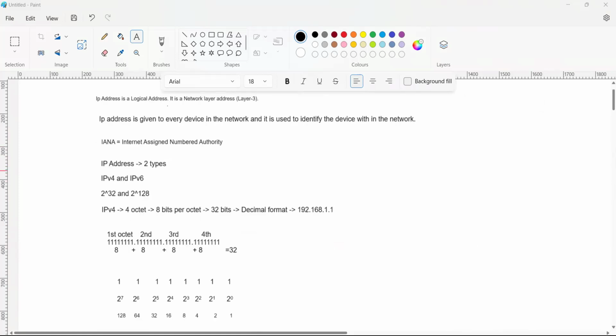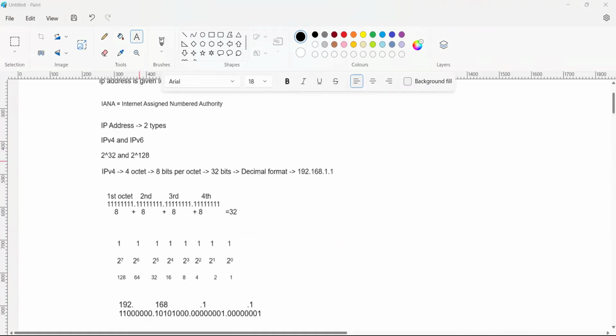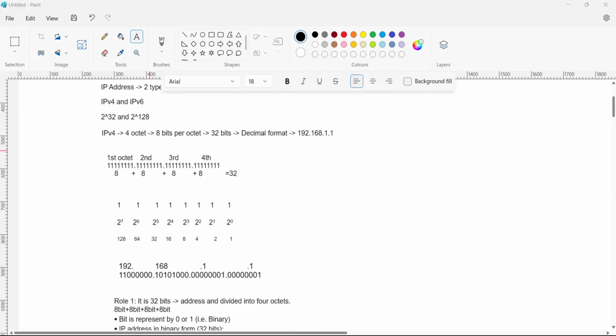There are two types of IP addresses, IPv4 and IPv6. IPv4 has 32 bits and IPv6 has 128 bits. In IPv4 we have 4 octets, and each octet has 8 bits, if you calculate likewise.